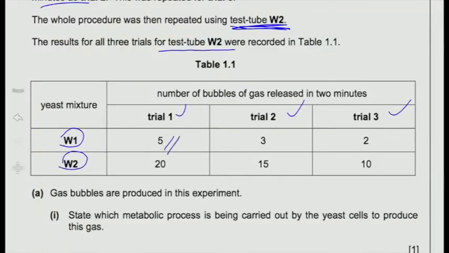In trial 1, the yeast was added to the sucrose, then the bubbles were observed and counted, and the count was 5. Trial 2, still with test tube W1, they were counted after 2 minutes: 3. Trial 3, after another 2 minutes, 2 bubbles were recorded.